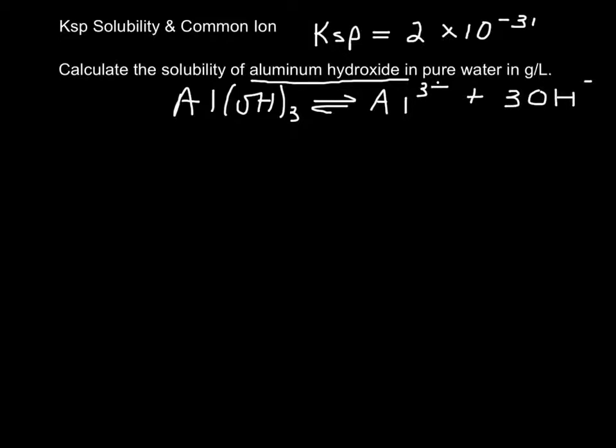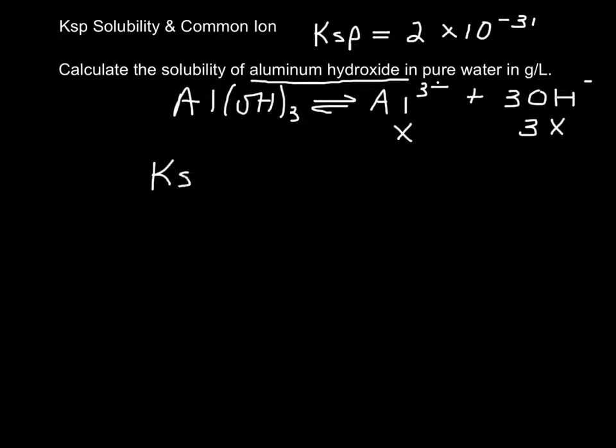So now the aluminum hydroxide is breaking into pieces. Does it make sense that for every one of these, I have 3 of those? Every time I make an aluminum, I make 3 hydroxides. That's going to help me solve this problem.